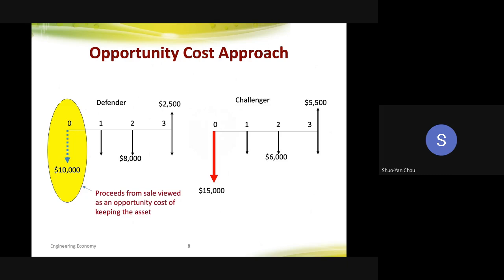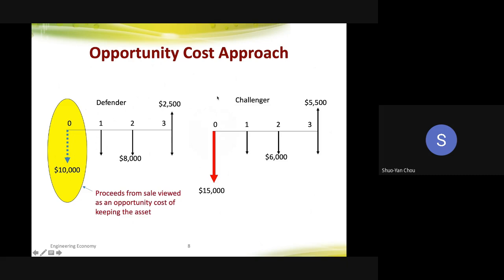And in this example, you can probably see more clearly. If we only consider the defender, this will be the amount that we may have obtained if we sold the old machine. But anyway, these two approaches will get us the same result.